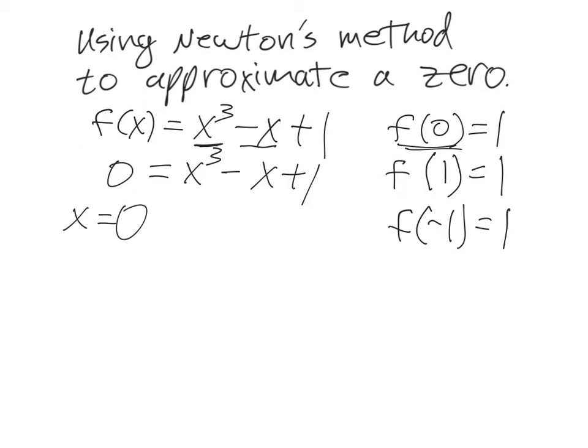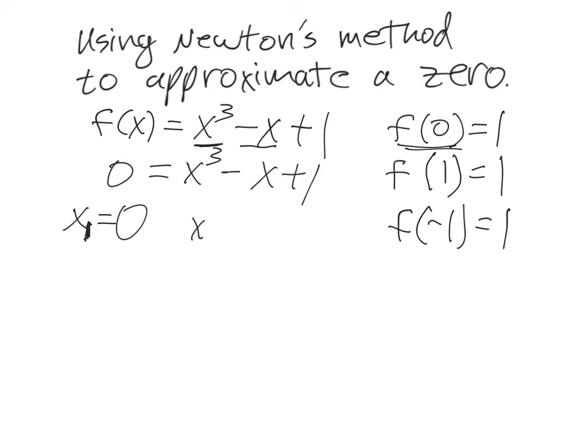However, if you choose x equals 1 as your initial value, or even x equals negative 1, you would not be wrong. You just need to possibly do a little more work to get the successive approximations to be close enough. So I guess we would say let x sub 1 equal 0 be our initial choice.